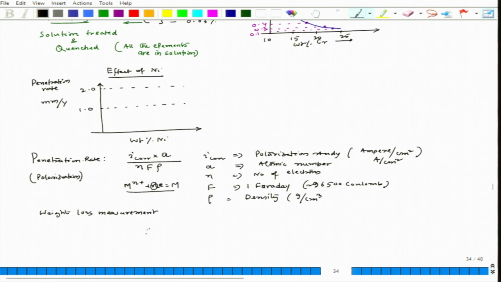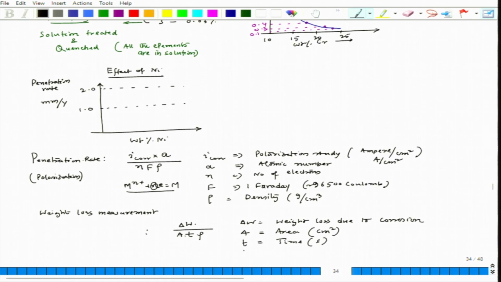So, at that time the penetration rate equation would be W divided by A into T, divided by rho, where W is basically delta W, that means the weight loss due to corrosion, A is area, let us say centimeter square, T is time, let us say second, rho is density, gram per centimeter cube.